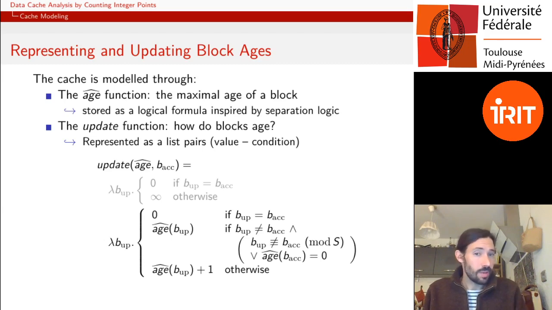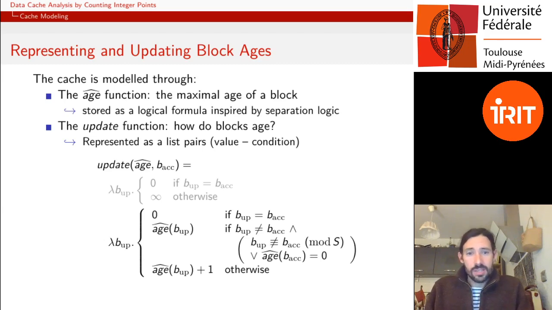The age can remain the same if we access a different block but in another set, or a different block but that doesn't make our block age due to associativity. So the associativity cannot be captured precisely with only a maximal age. We should introduce some minimal age to have a better treatment of that.